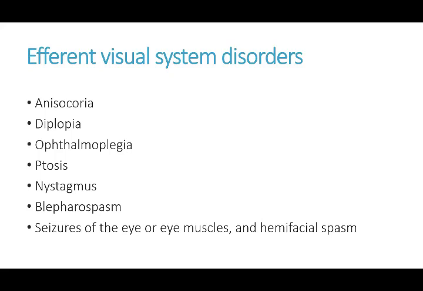The signs are anisocoria, which we discussed is unequal pupils, diplopia or double vision, ophthalmoplegia, ptosis, which we have talked about in the lid, nystagmus, blepharospasm, and seizure of the eye muscles or hemifacial spasm.